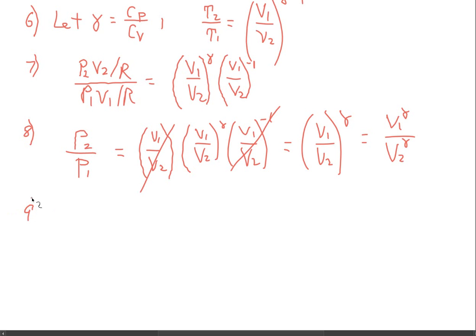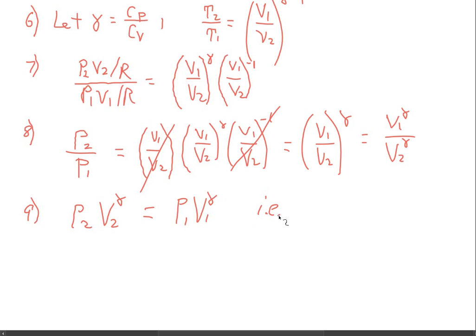In step 9, we're simply going to cross multiply the terms in step 8. So we'll have P2 times V2. So here we go. P2 times V2 to the gamma is going to be equal to P1 times V1 to the gamma.